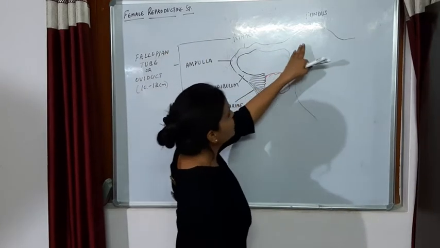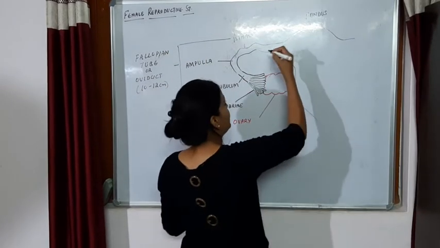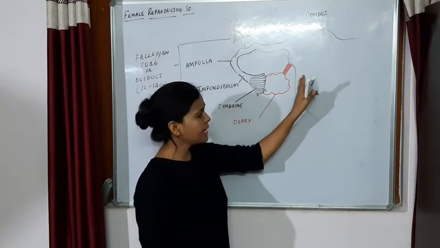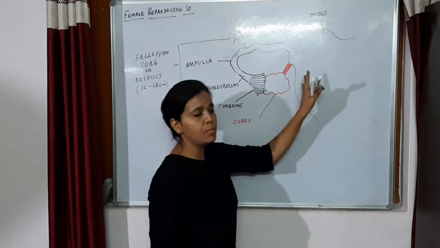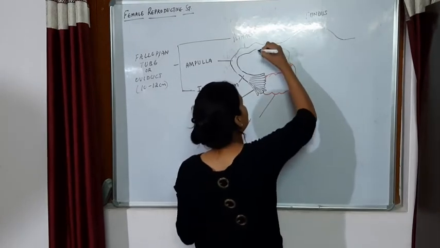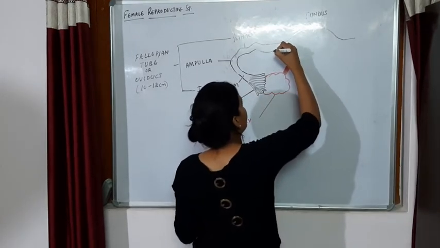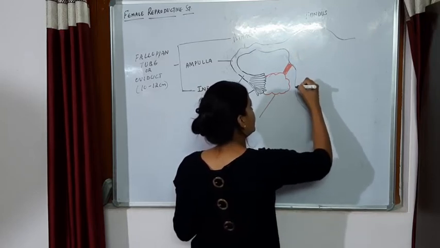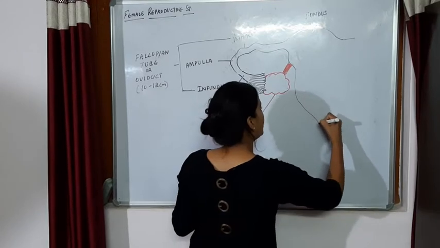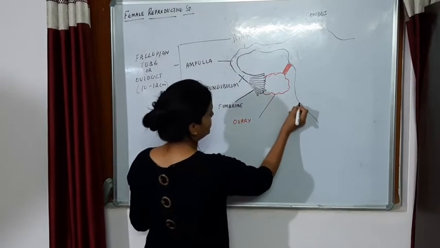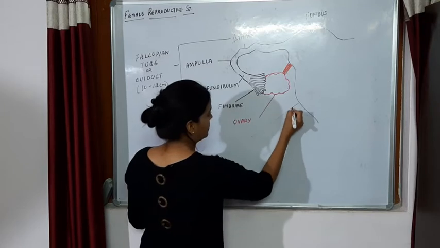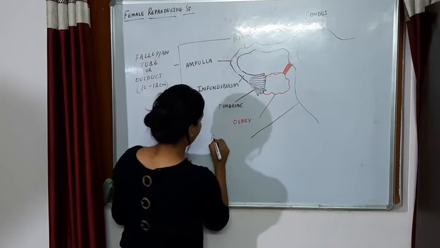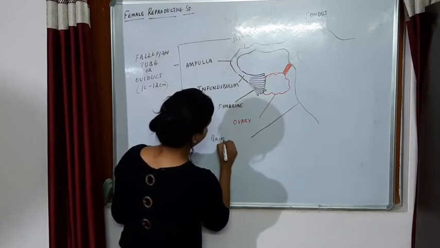Now, what is going to happen next? We have discussed the uterus, the three tissues, the lining of the uterus. So I will just write the names of the layers. This outermost layer is called the perimetrium.